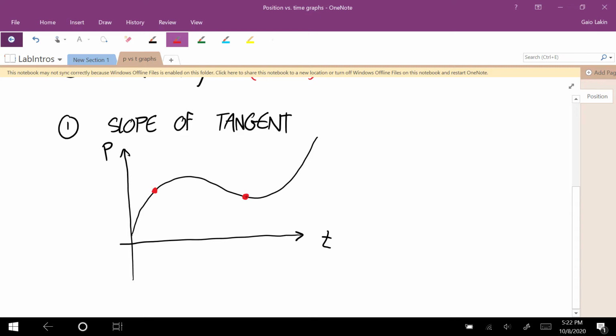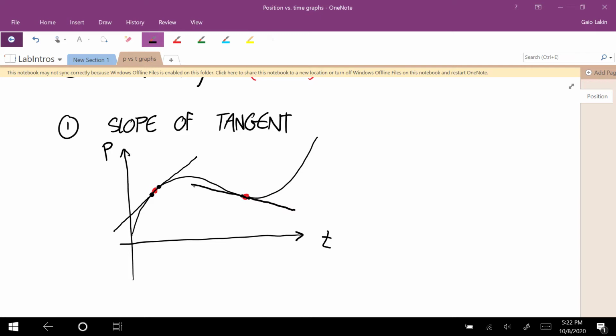Well, the way that you do that is you take two nearby points around that point and then draw the line that goes through those two. So that's the tangent line there. And for this one, I'll take these 2 points here. That's the tangent line for that one.